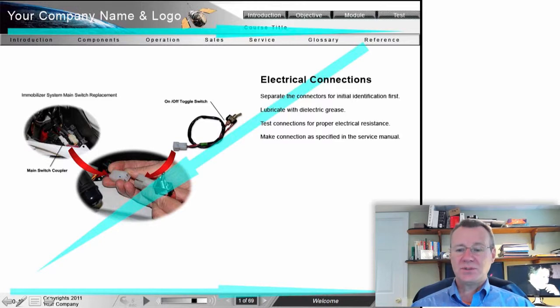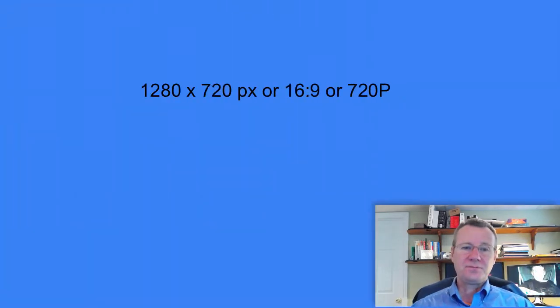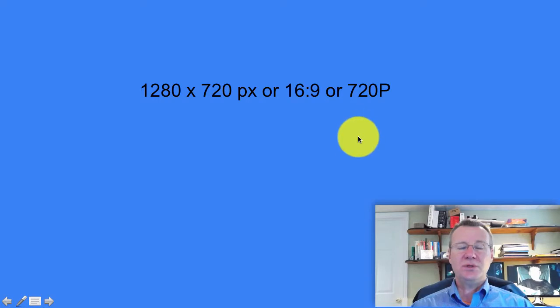Let me give you some examples. 1280 by 720 pixels, or 16:9, or 720p. Everything you can see in blue here is 720p, and the actual dimensions, if you went into Photoshop and created the rectangle, would be 1280 by 720 pixels, commonly referred to as a widescreen HD 16:9 or 720p aspect ratio.